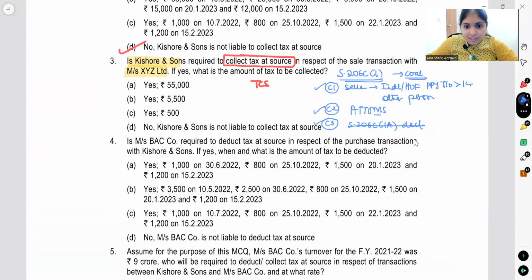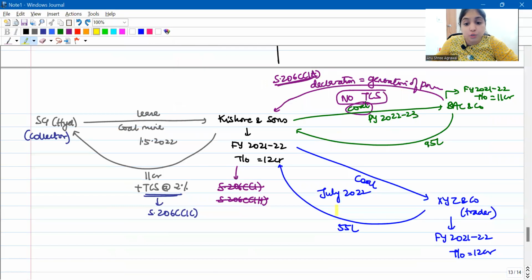All three conditions are fulfilled, guys. Therefore, 2061 TCS will be applicable. Now, under 2061, how will we calculate tax, guys? What is the rate? You remember the rate for tendu leaves, it was 5%. For timber and other forest produce, it was 2.5%. Everything else 1%. This is minerals, everything else. So the TCS rate is going to be 1%. 1% of what?